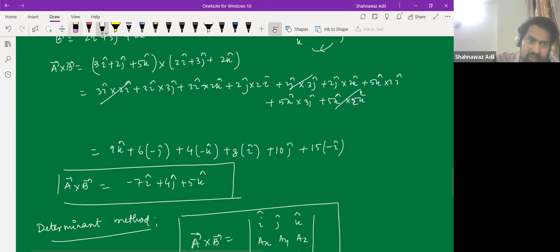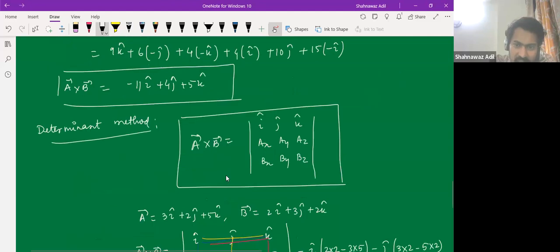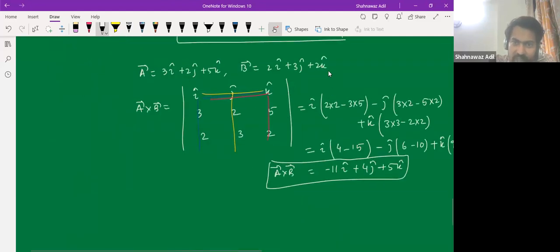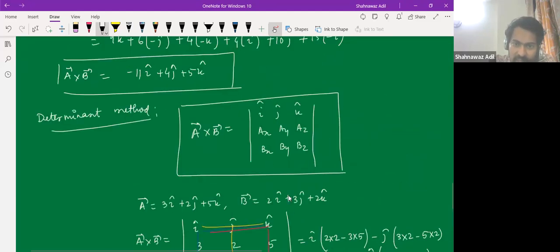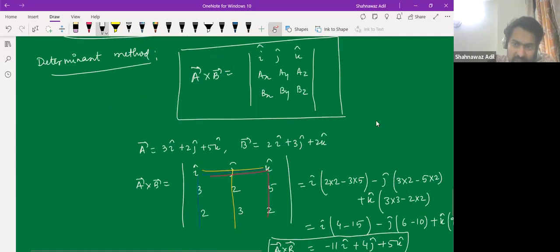So from both these things, we will get the same result, but this is simpler and less hassle, right?